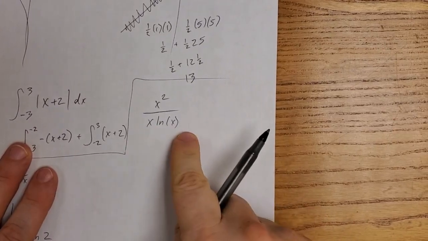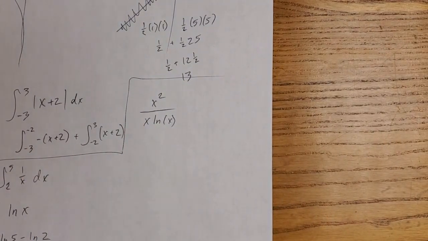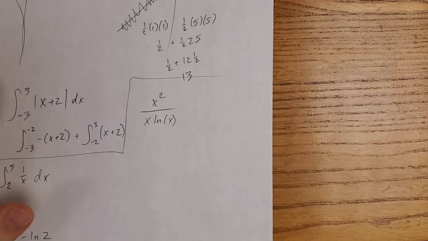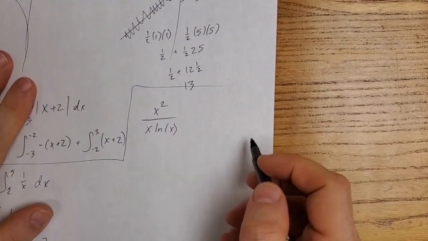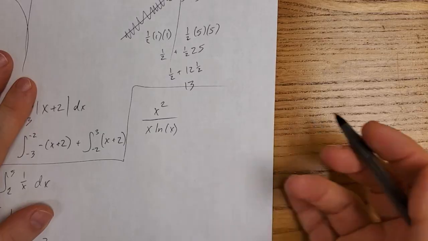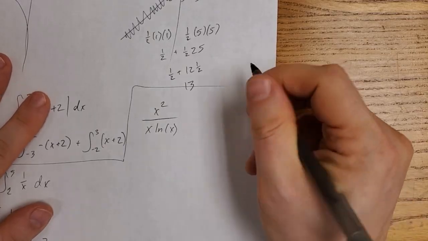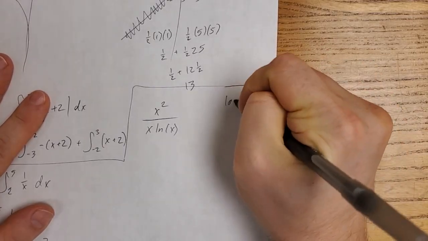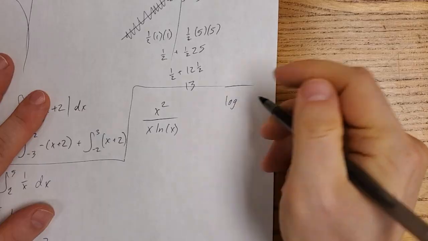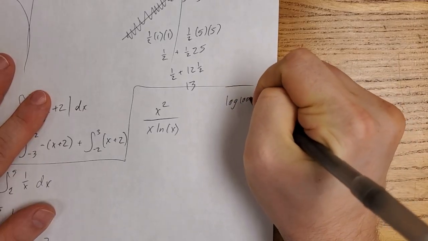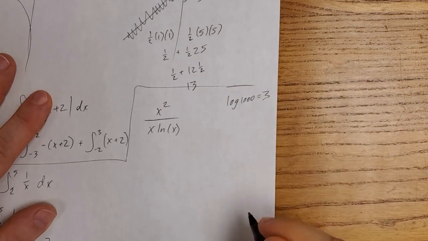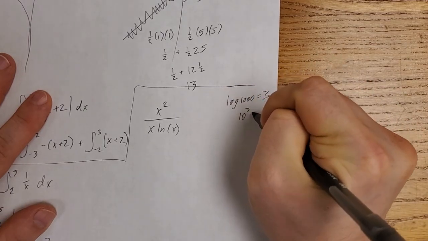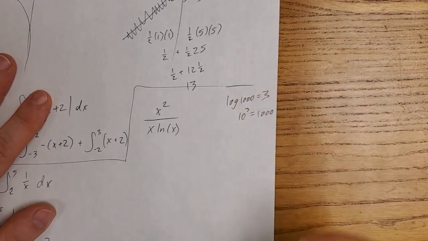And when you're taking a logarithm, and again, the natural log is the logarithm with base e, but we just know normal logarithm, as an example, log base 10 of 1,000 equals 3, because 10 to the power of 3 is 1,000.